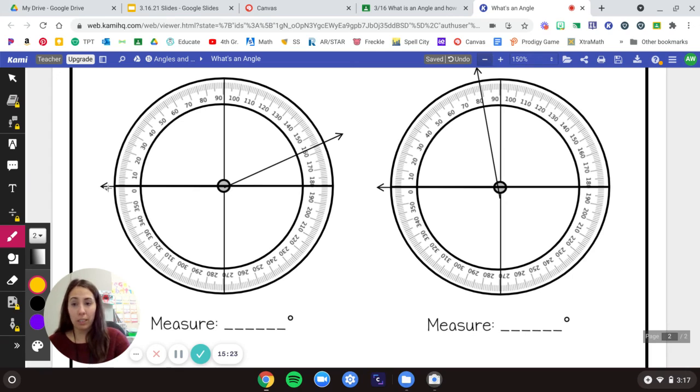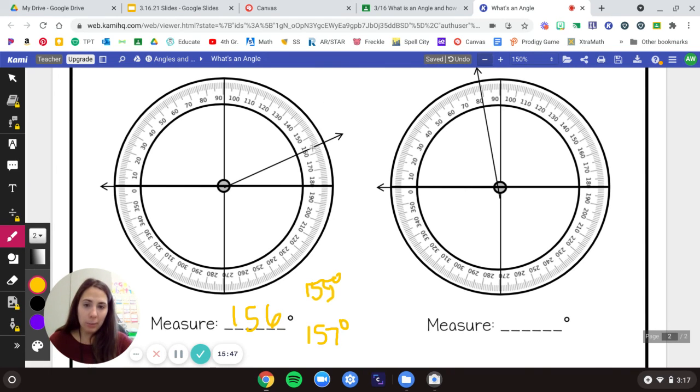All right, so this one is obtuse, and it goes all the way over just past 155. So I would accept any one of these: 156, 155 degrees, or 157 degrees, because it's kind of hard to tell.